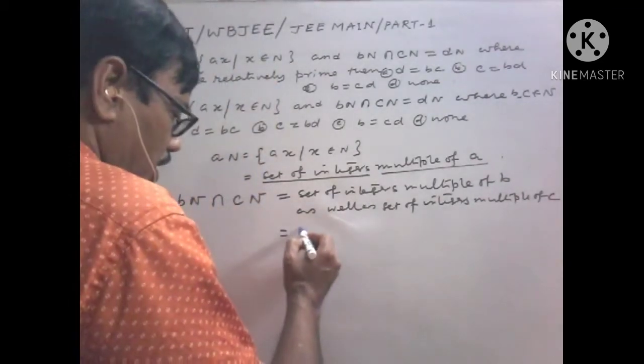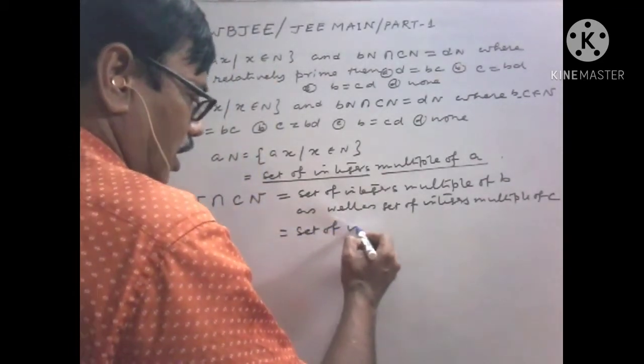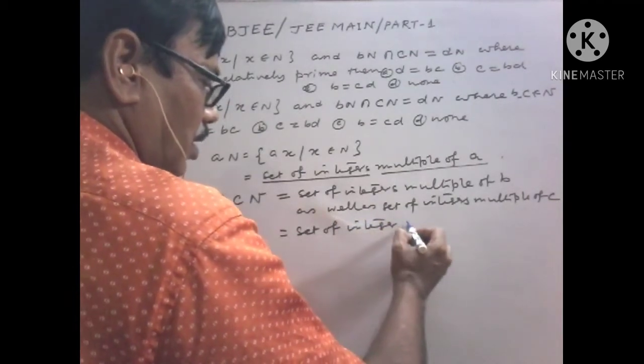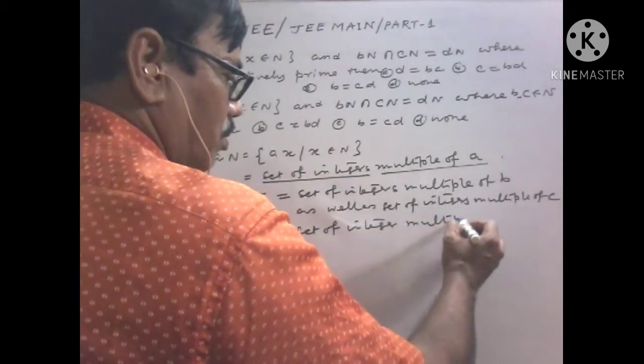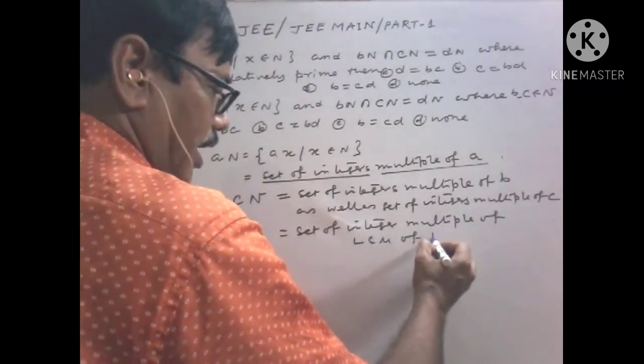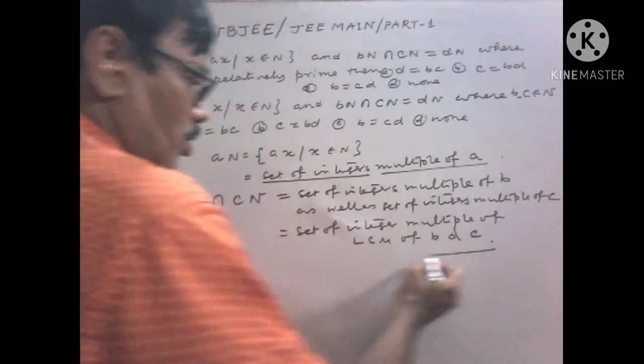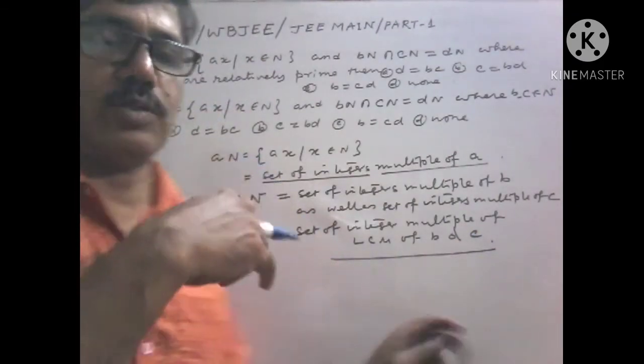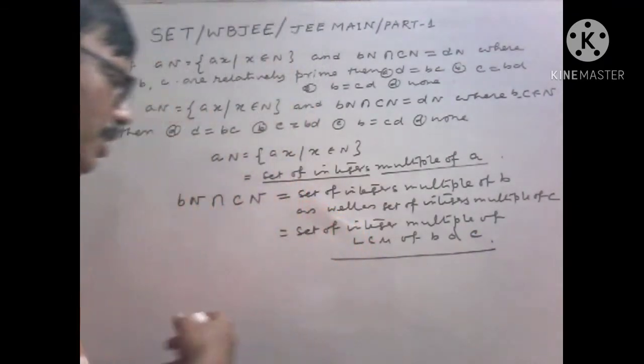That is the set of integers that are multiples of the LCM of b and c.